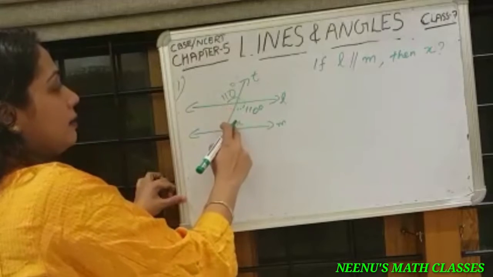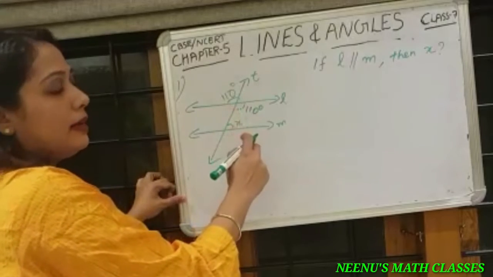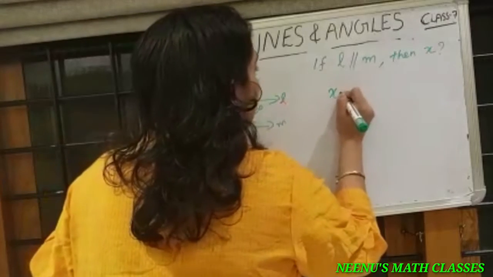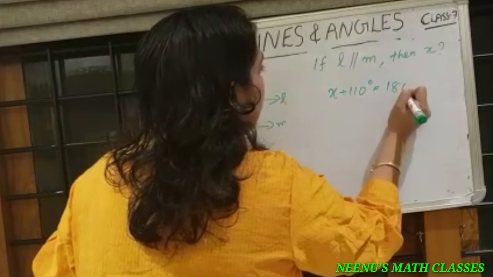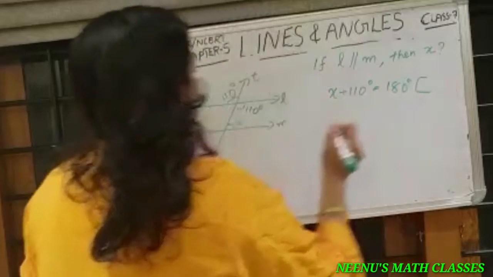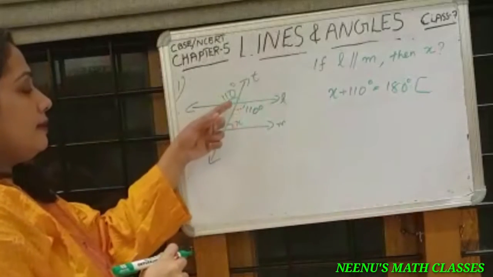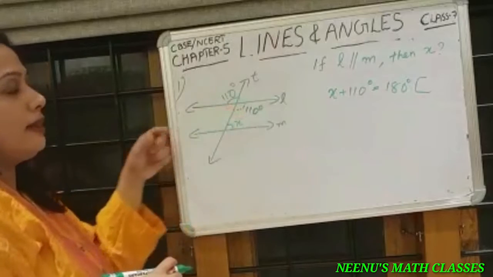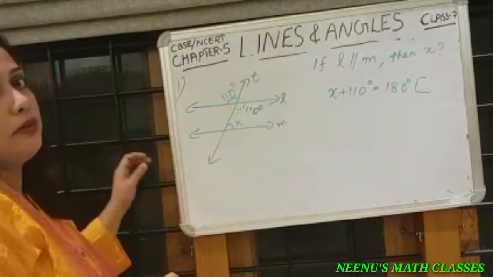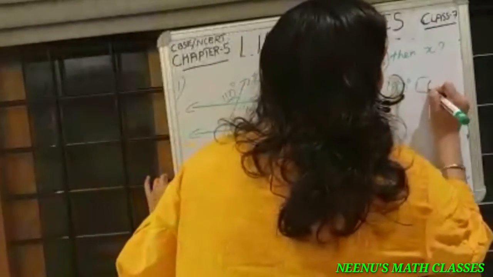Then adding X plus 110 degrees, we will get 180 degrees. How? This will be added up to get 180. That is, co-interior angles should be supplementary.